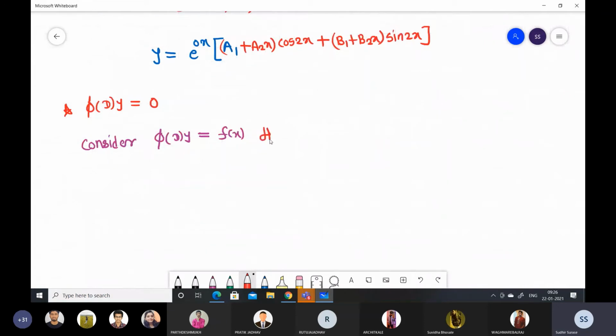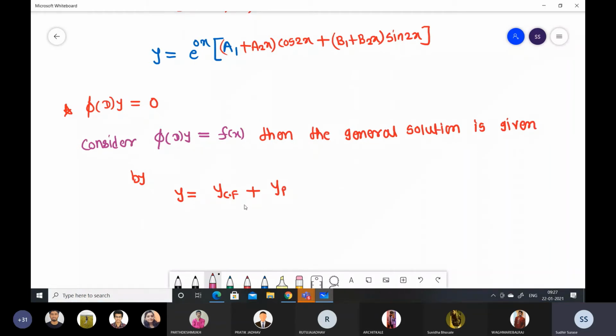Then the general solution is given by y is equal to ycf plus yp. Now what is this ycf?